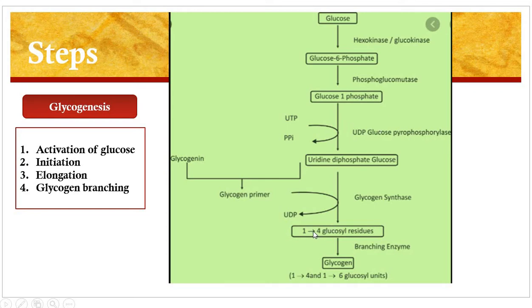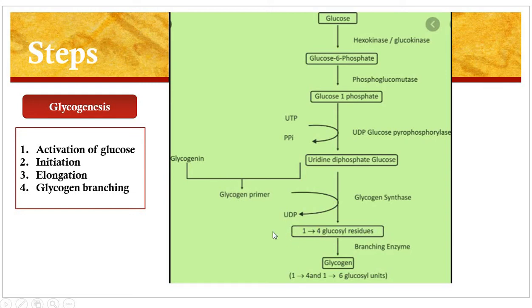A branching enzyme is needed to create the alpha 1,6 linkage, and when the chain is lengthened up to 11 to 12 glucose residues, then the branching enzyme will transfer a block of 6 to 8 glucose residues from this chain to another site.